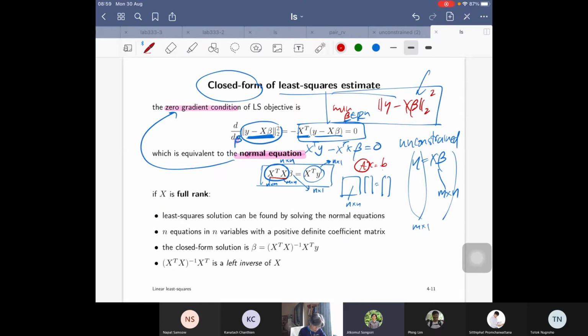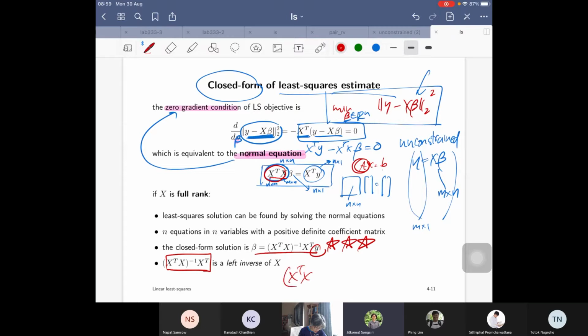Of course, you know that when you have a square system, if the matrix A, which is x transpose x here, is invertible, if that assumption holds, you can just say my solution is unique and obtained by x transpose x inverse x transpose y. This is the closed form solution of linear least square. The coefficient matrix here that multiplies with y is the left inverse of x.